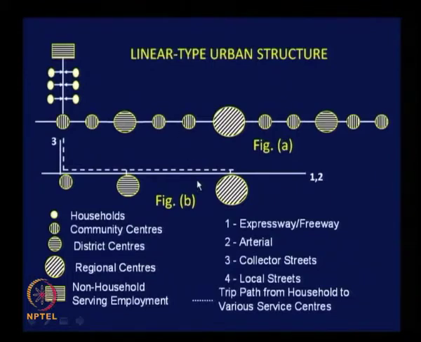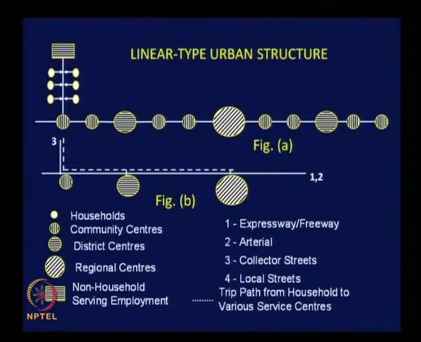Now, how do we provide type 1 and type 2 roads along the same corridor? Because this is going to be a major traffic corridor, everybody will be moving only along this particular narrow stretch. How do we manage the traffic situation under this case?